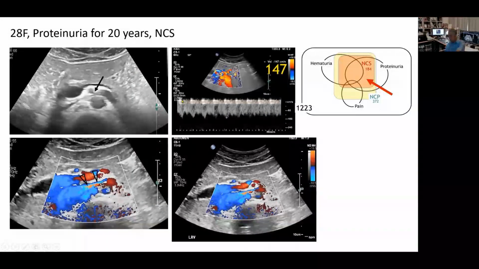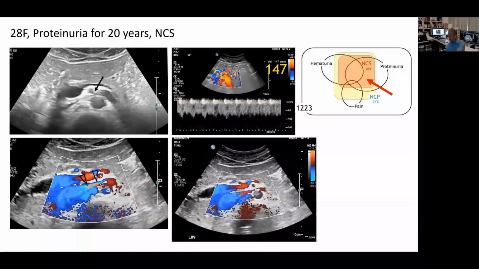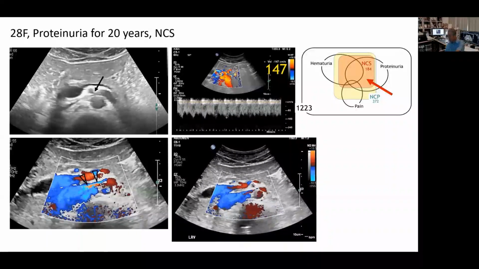This is a 28-year-old woman who was found to have proteinuria for 20 years, since childhood, without any explainable cause.